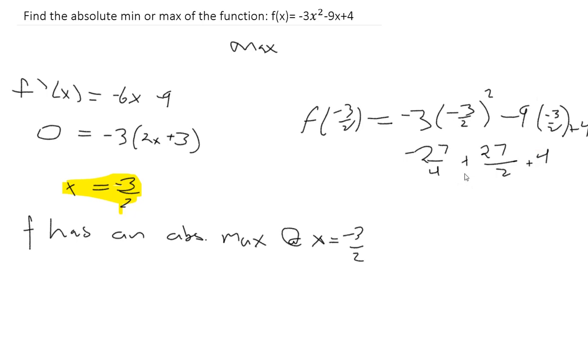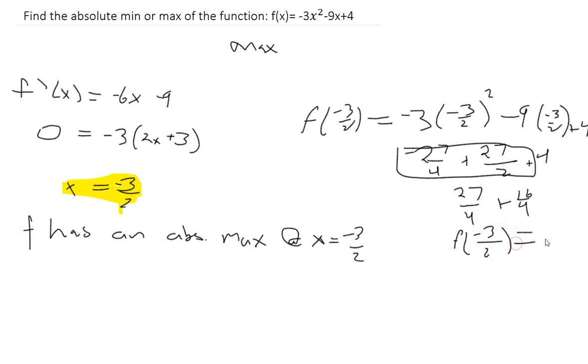We could make this all into fourths. This 27 halves becomes 54 fourths, and 4 is 16 fourths. So our f of -3/2 is going to be equal to 43 fourths.